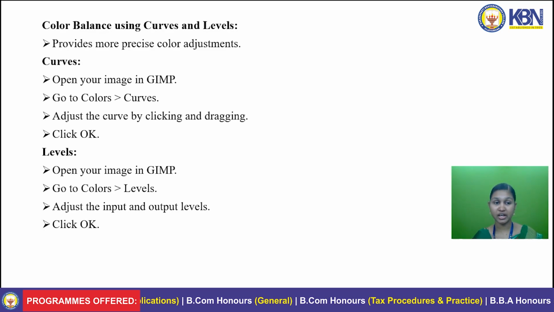Then you have to check whether the input and output levels are the same or not. If the input and output levels are not adjusted, this procedure will be destroyed. Why? Because you create a curve and then finally conclude with the levels. If the levels are not the same, the image quality will be destroyed and the image will look blurred.